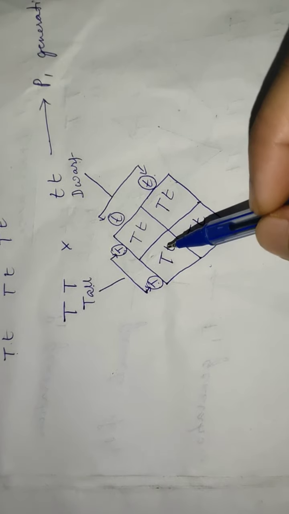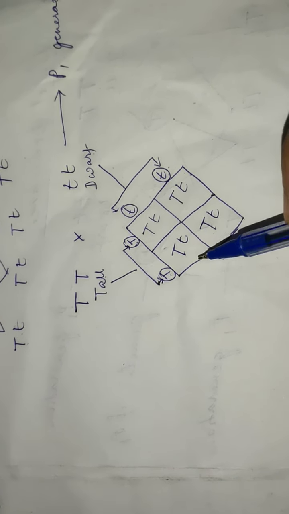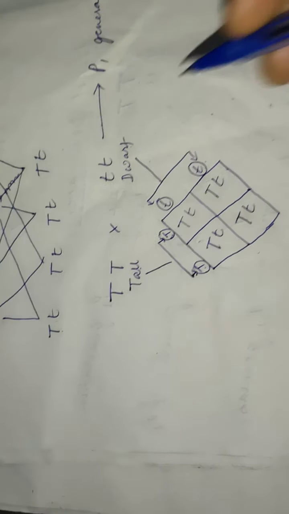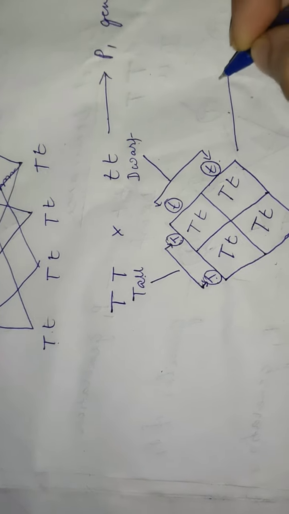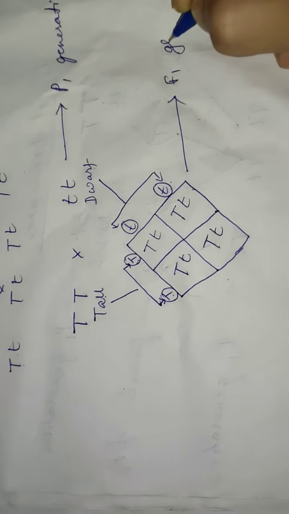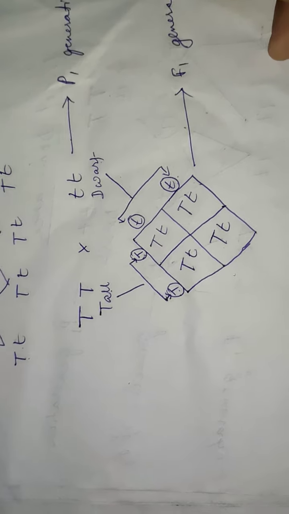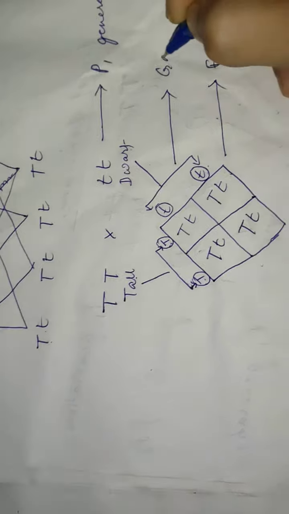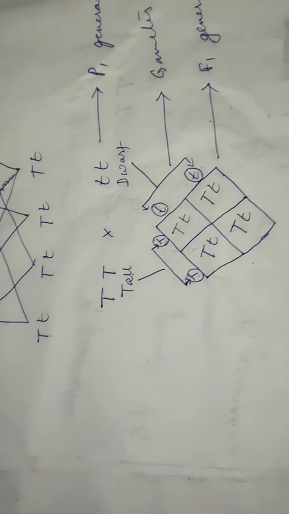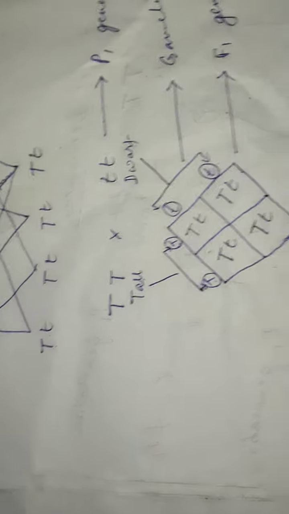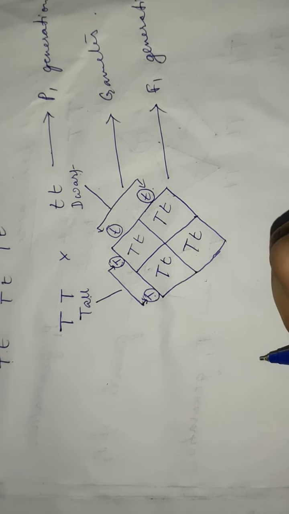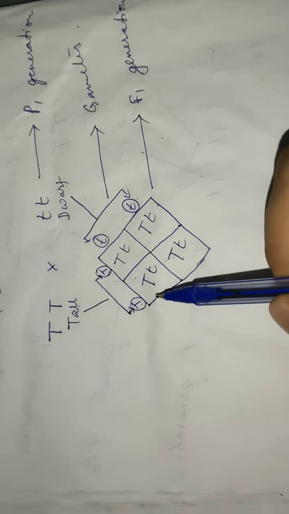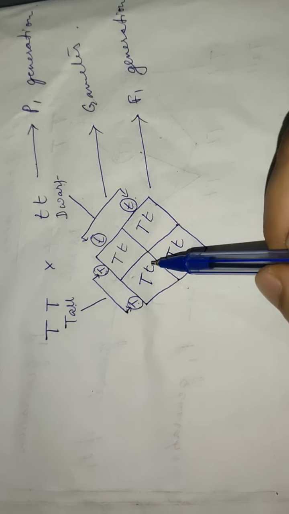Again, I am showing another one. If we self fertilize the F1 parents, so this is the F1 generation, and these are the gametes. To get the F2 generation, we have to self fertilize the F1 parents.